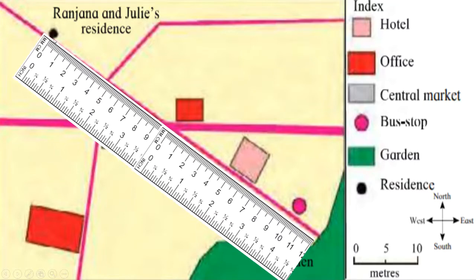Maybe from the residence to the garden, the distance is 220 meters long. So the cartographer has converted this long distance of 220 meters to just 22 centimeters and tried to fit it on this map.